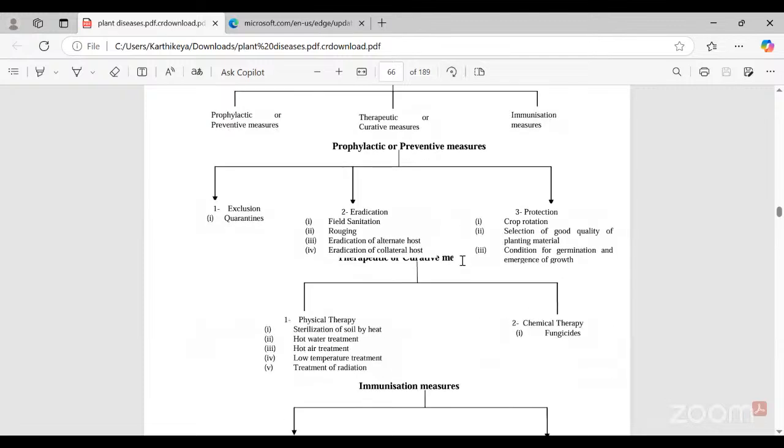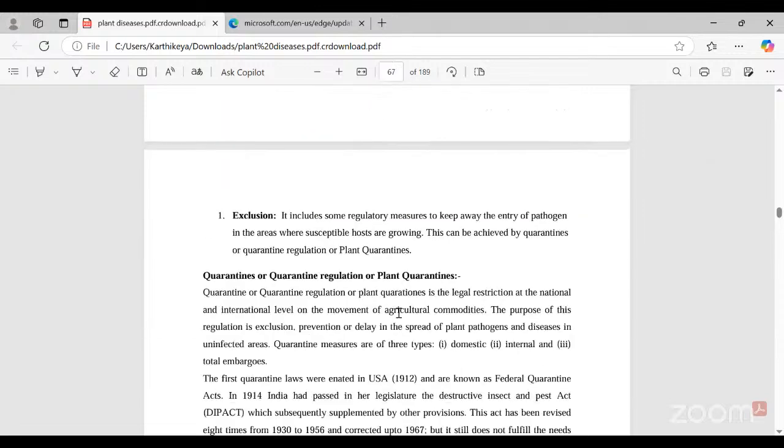Prophylactic or preventive measures include exclusion, eradication, and protection. Exclusion includes quarantine, field sanitation, and so on.